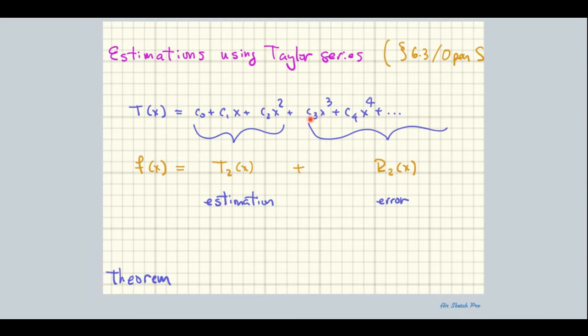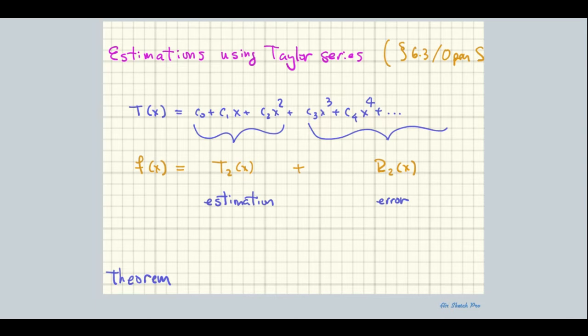At a particular value of x, this third term, this c sub 3 x cubed term, is going to be equal to everything that goes on after it. And so if I have a maximum value for this third term, then I will know that the second order approximation is accurate to within that maximum value for this third term.